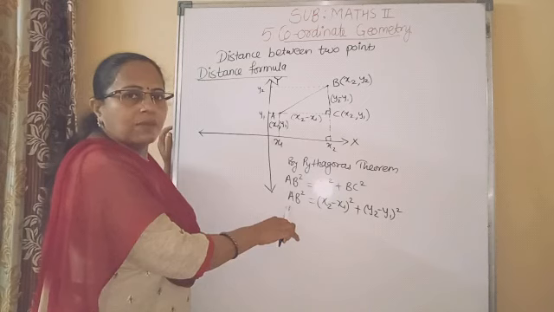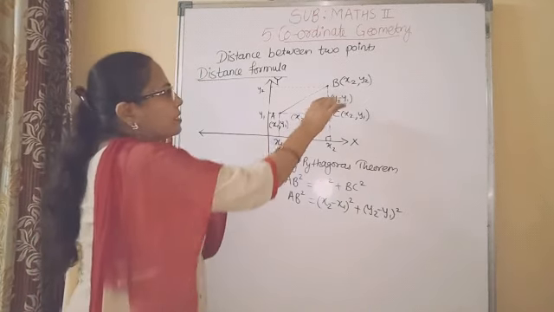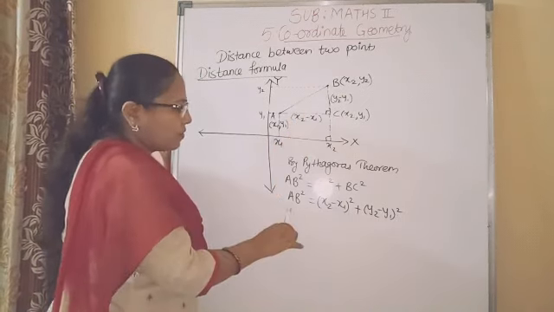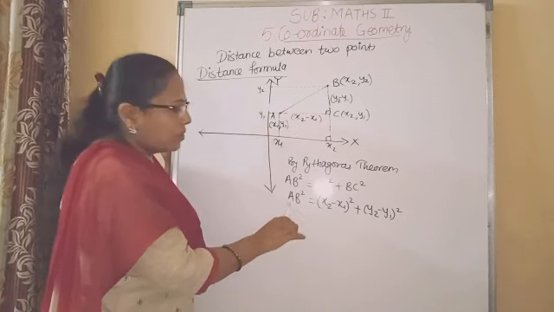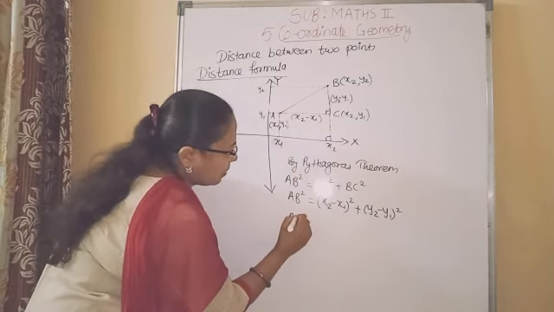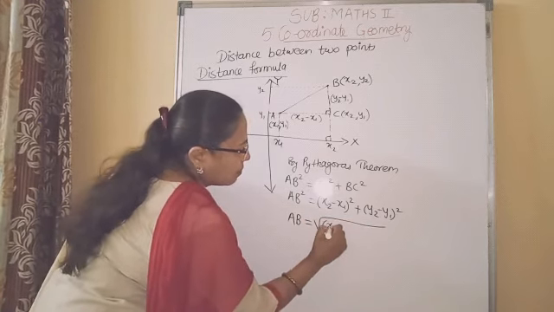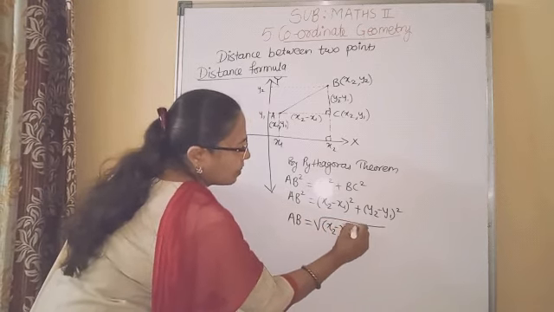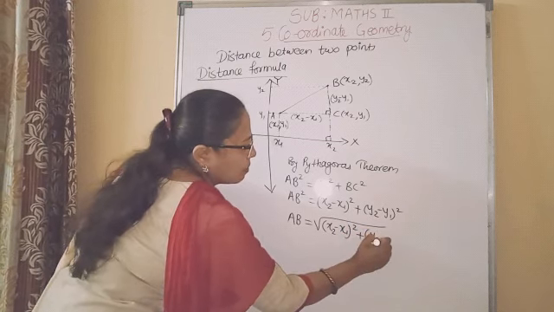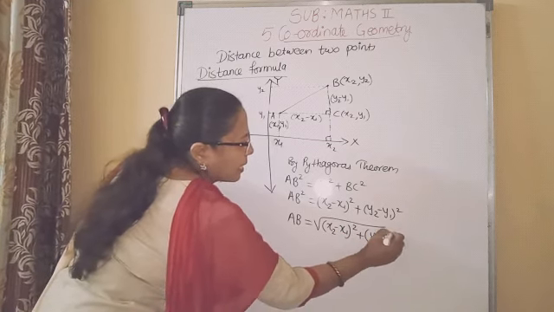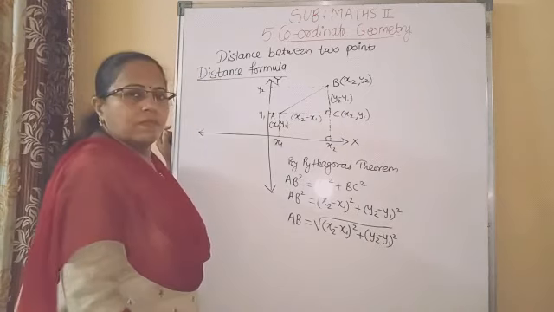But we want to find out segment AB, the distance between A and B. So we will take the square root. Taking the square root, we will get AB is equal to the square root of (x2 minus x1) whole square plus (y2 minus y1) whole square.